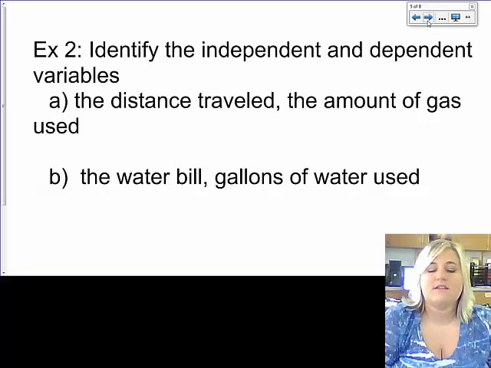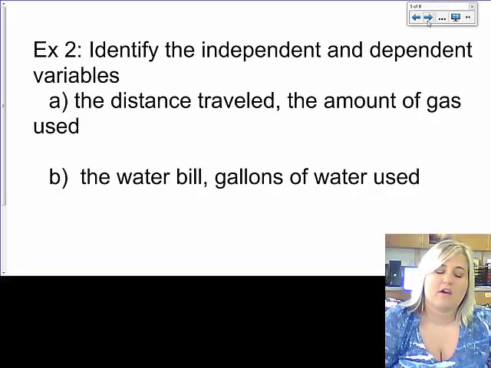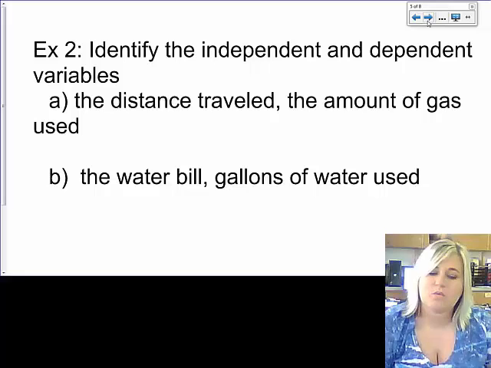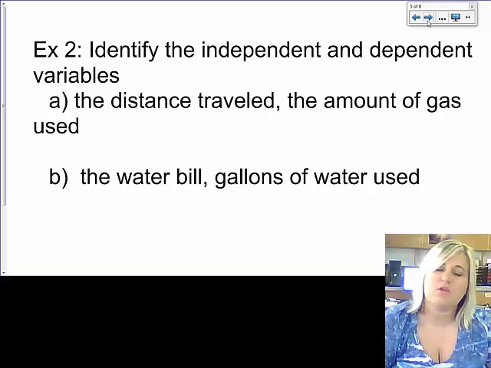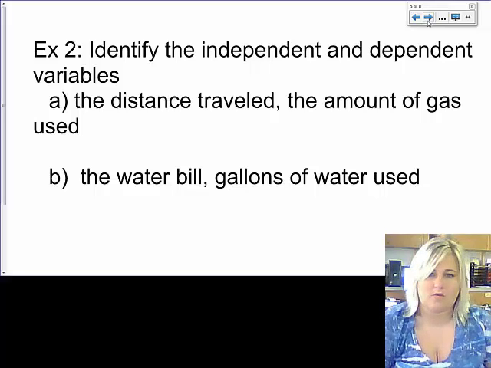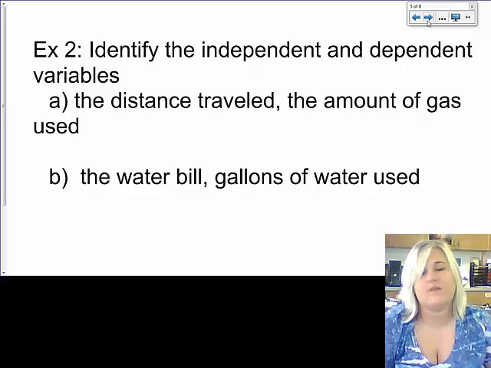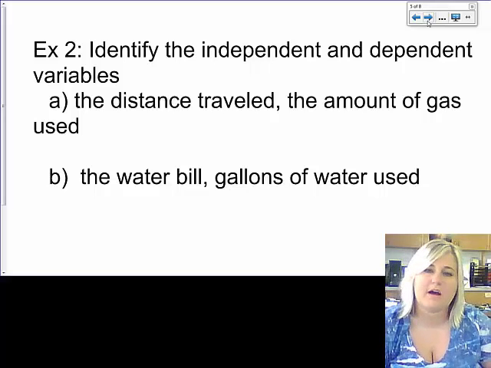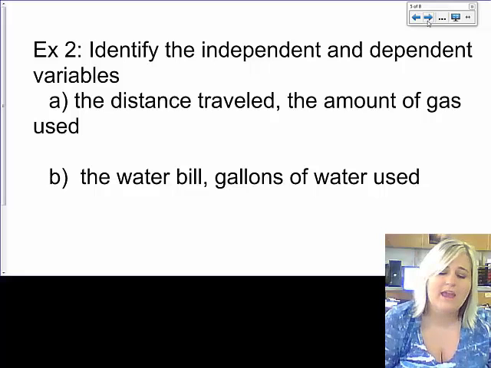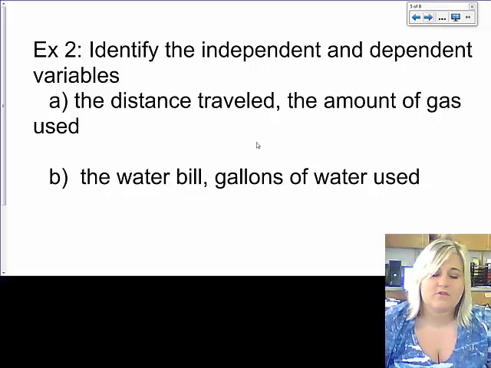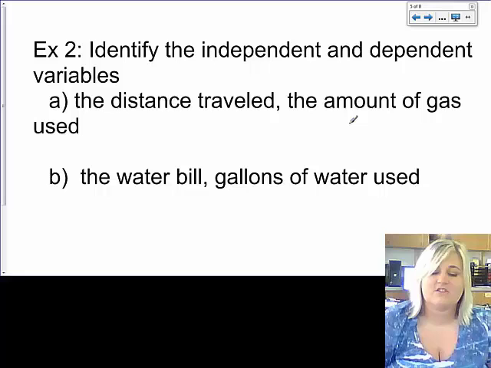So it says to identify the independent and dependent variables. I want you to pause at this point, read through them, and see which thing you think depends on the other one. That's usually the best way for me to figure them out myself. So go ahead and pause. On A, the distance traveled and the amount of gas used.